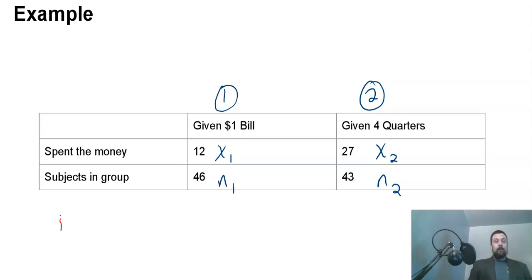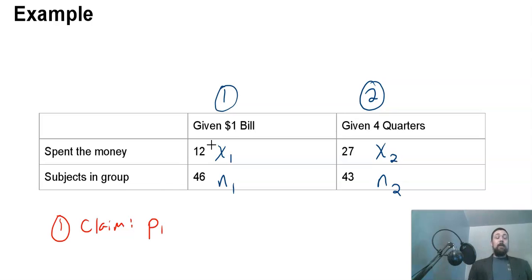But to get started, the first step is just like it was in Chapter 8. State the claim, write it mathematically. And the claim is that the proportion of students in the first group who were given a $1 bill, which is the larger denomination, are less likely to spend that money on gum or mints than group number 2, the students that were given 4 quarters.